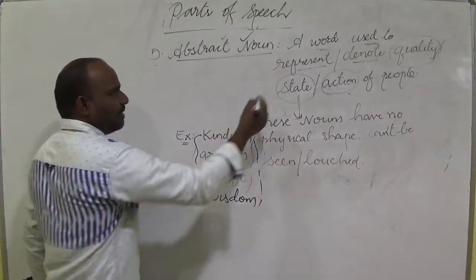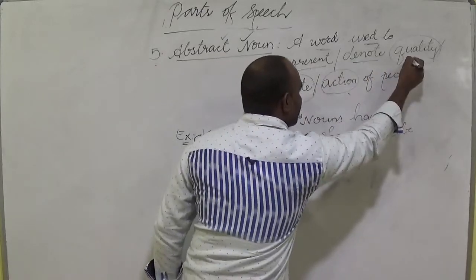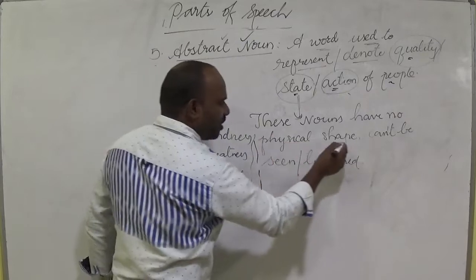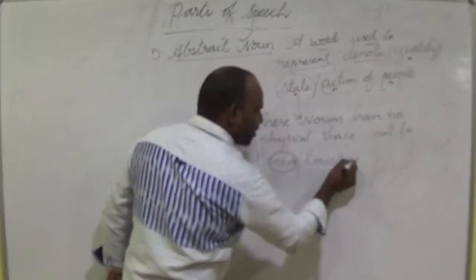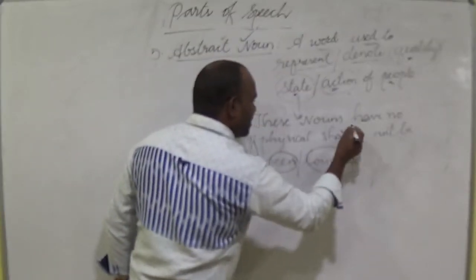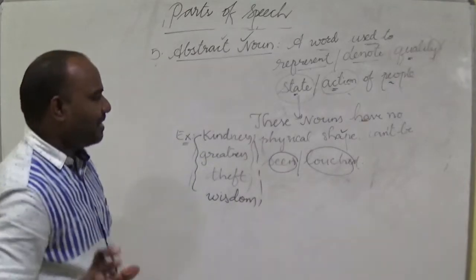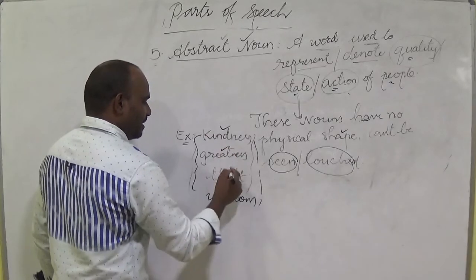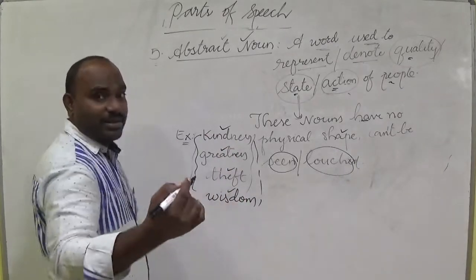They denote the quality, state or action of people. They cannot be seen, they cannot be touched, and they have no physical shape. They are not physically existent, we just feel them. So these are kindness, greatness, theft, wisdom, politeness.